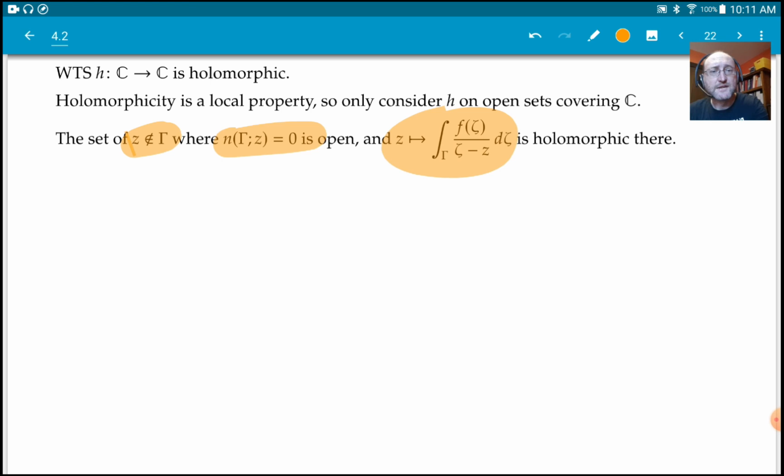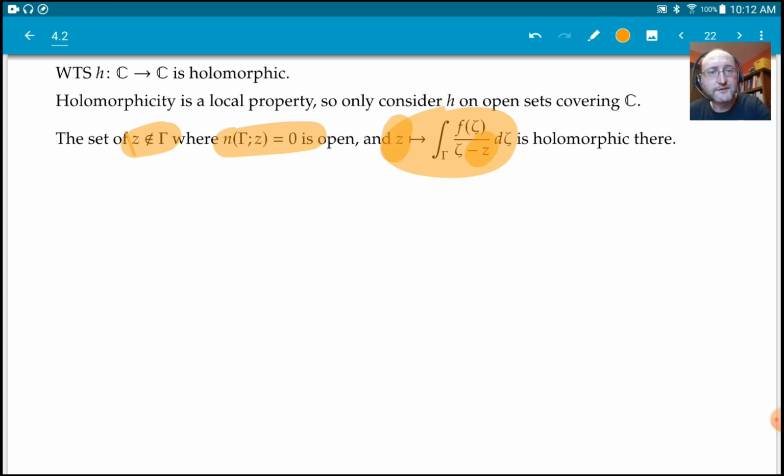Because it's a function of z, we have this lemma: if we had an integral of something with an extra variable in there over some cycle or chain, and the inside was holomorphic in that extra variable, then the whole thing is holomorphic as a function of that variable.